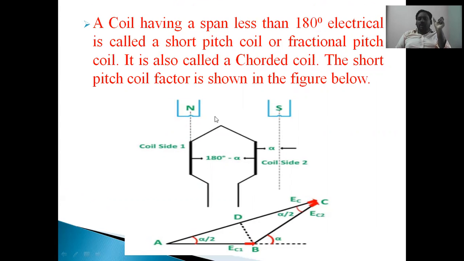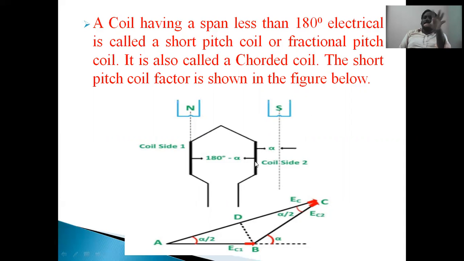The total pole pitch is 180 degrees, but the coil span is 180 minus alpha, because the left out portion is alpha. Such a coil is called a short pitch coil or chorded coil.